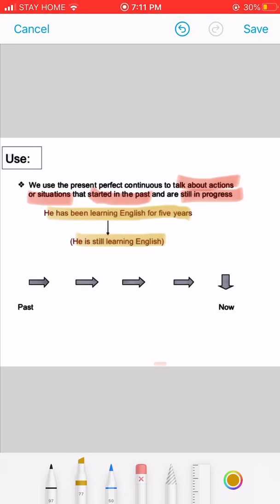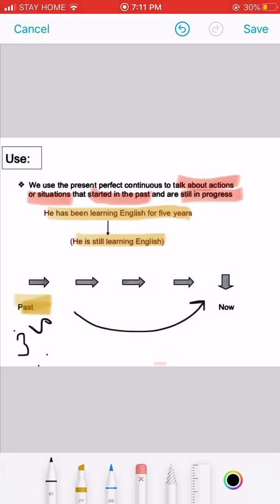So look at this. The verb started in the past بالماضي and is still up to now وما زال مستمر إلى الآن. So this is why we say present perfect progressive or present perfect continuous. Now it means continuous, that means we will use the verb with ing. رح نستخدم الفعل مع ing.